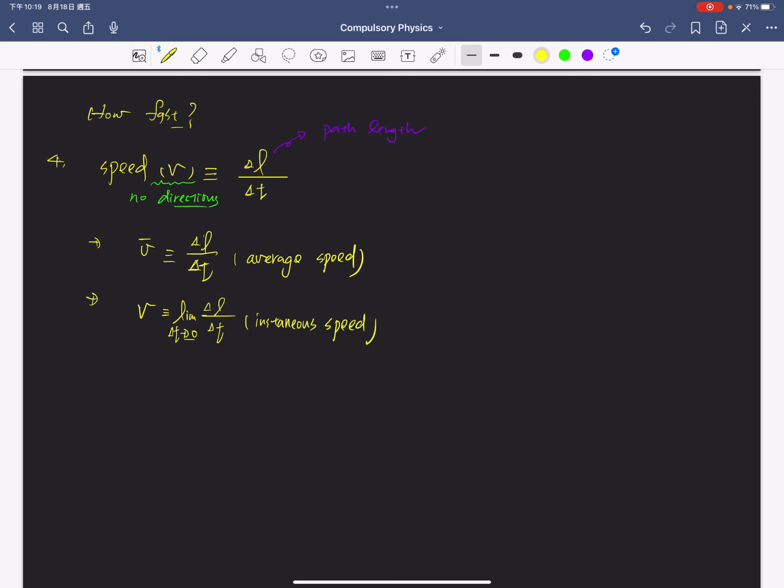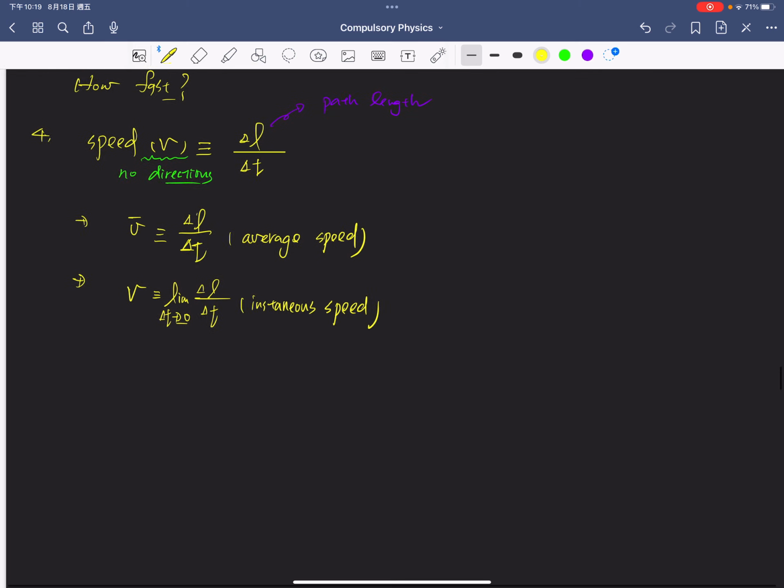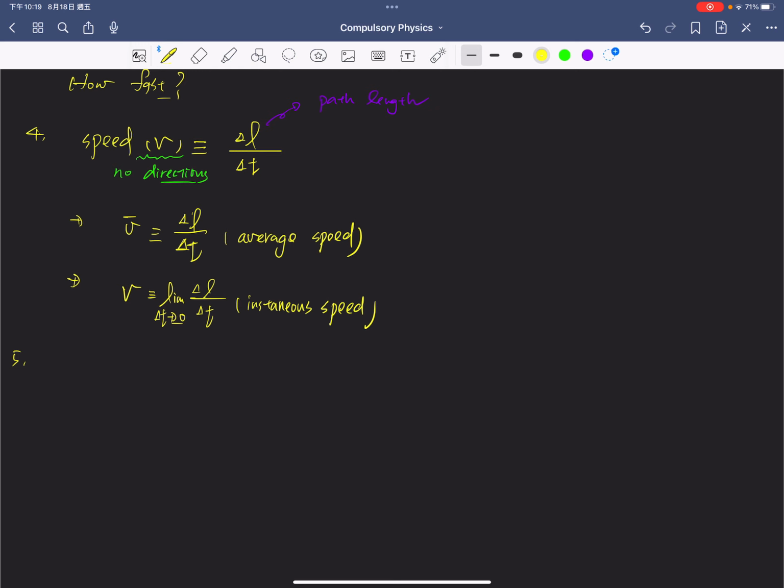Okay, and also if we want to describe something with direction, we will use the word velocity. For the velocity we add an arrow over the symbol, which represents the direction, and it is the variation of the displacement over the duration of time.